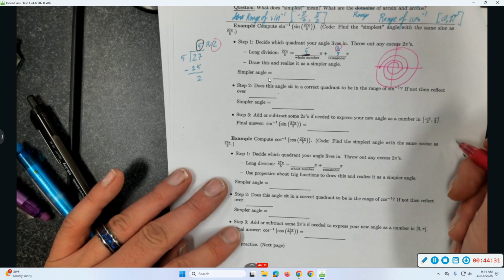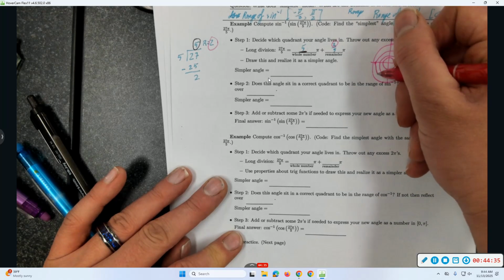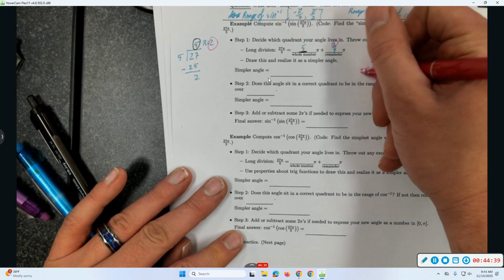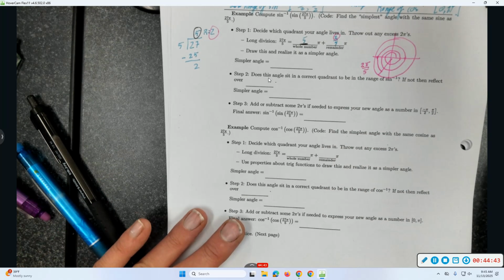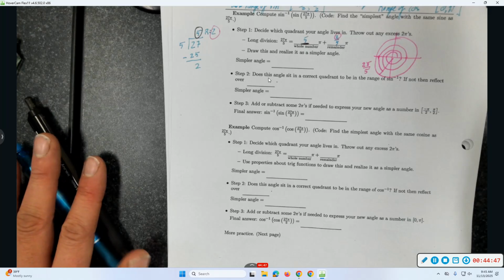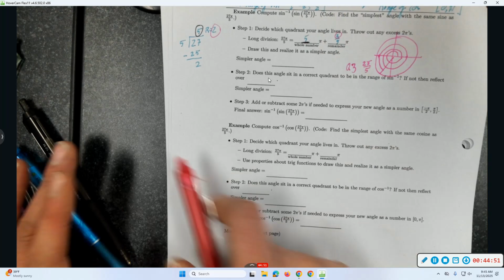And now I need to do an extra 2 pi over 5. Let's see, 2 pi over 5 is less than half a pi, so I think it should be there. What quadrant does that live in? 3. Quadrant 3. Let's just hold on to that one.